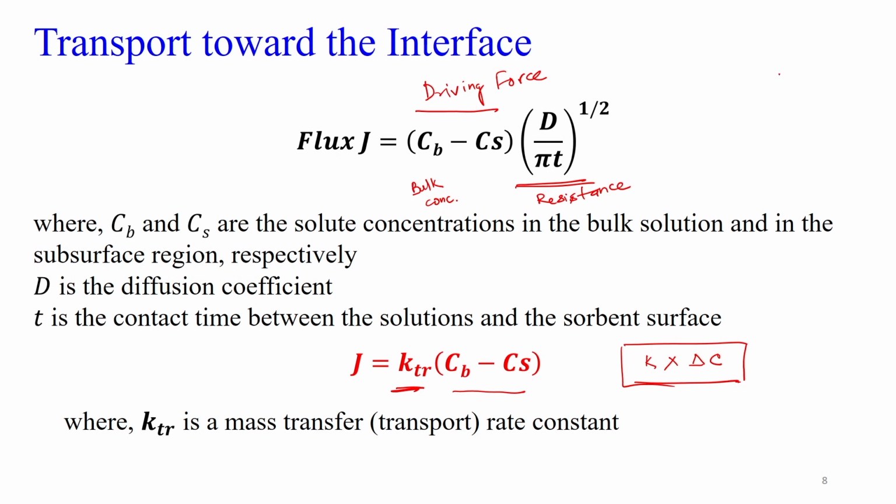You have a different concentration in the bulk, and when it comes to the surface it has a different concentration C_s, and that will depend on the value of diffusivity, or you can say the value of the mass transfer coefficient.